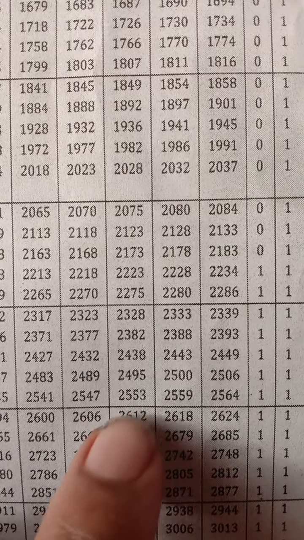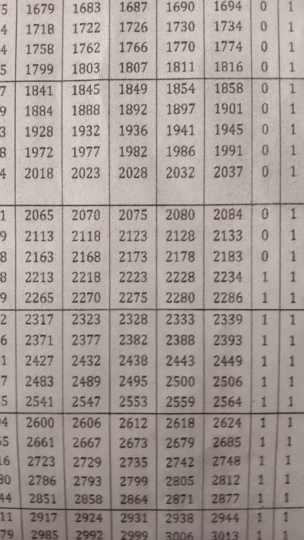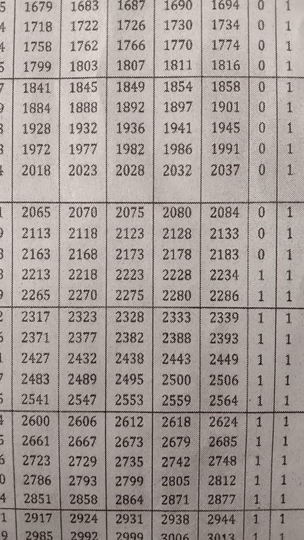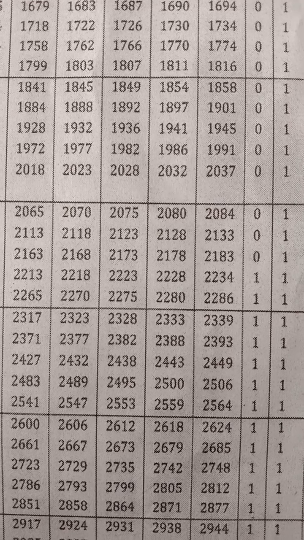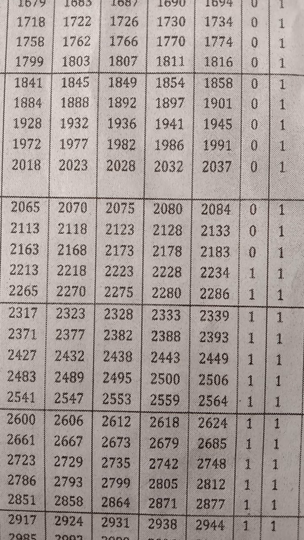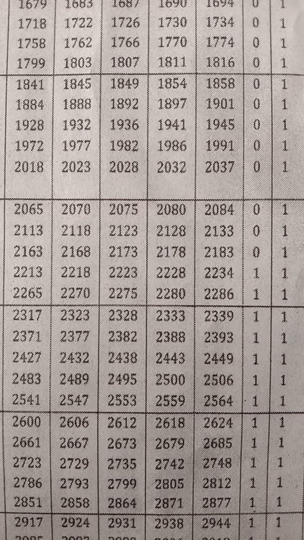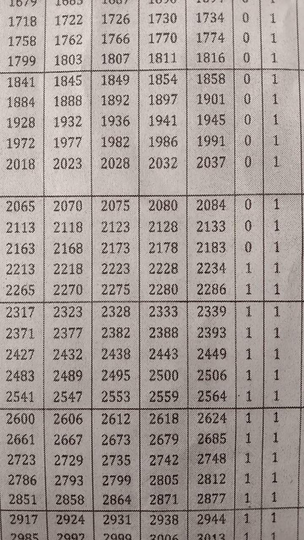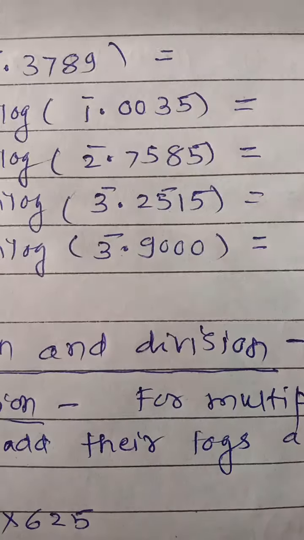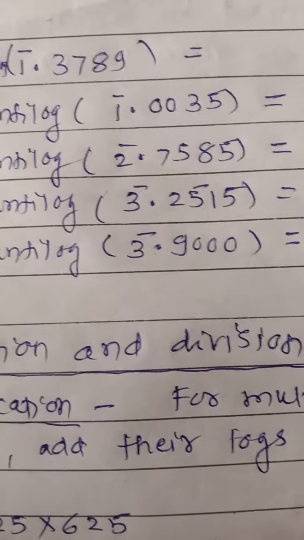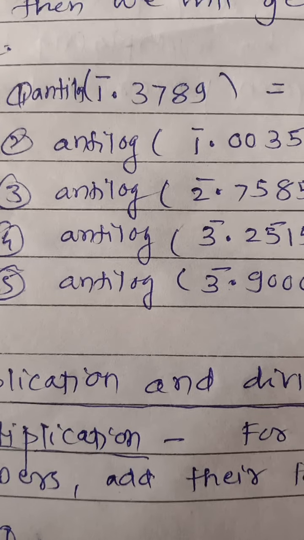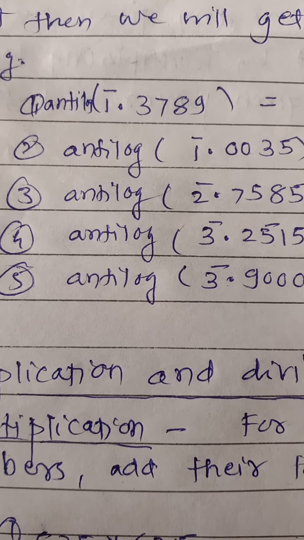So here 2388 plus 5, that is 2393, and therefore it will be written here 2393.